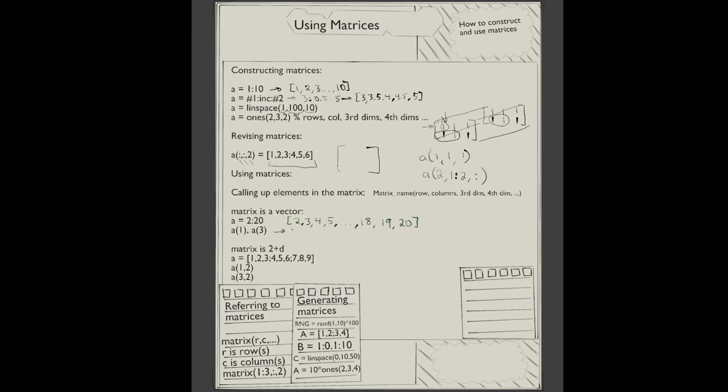A of 1 would be 2, the first position in A, and A of 3 would be 4, the third position in A.